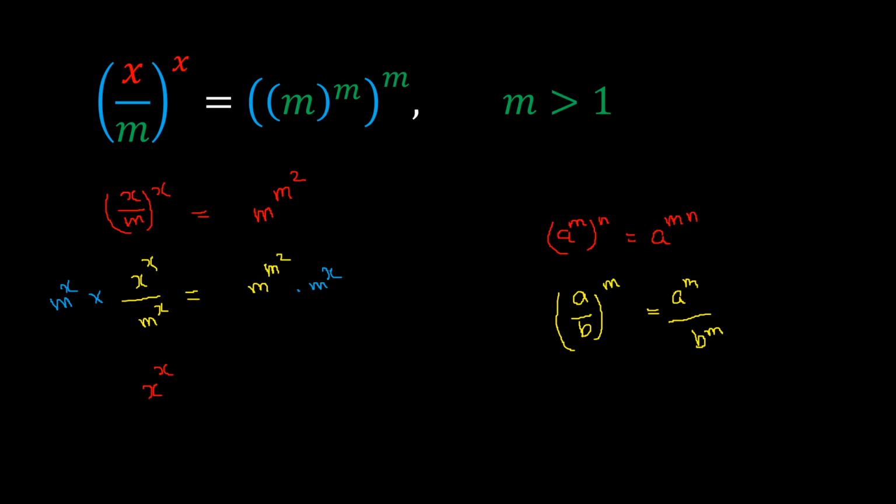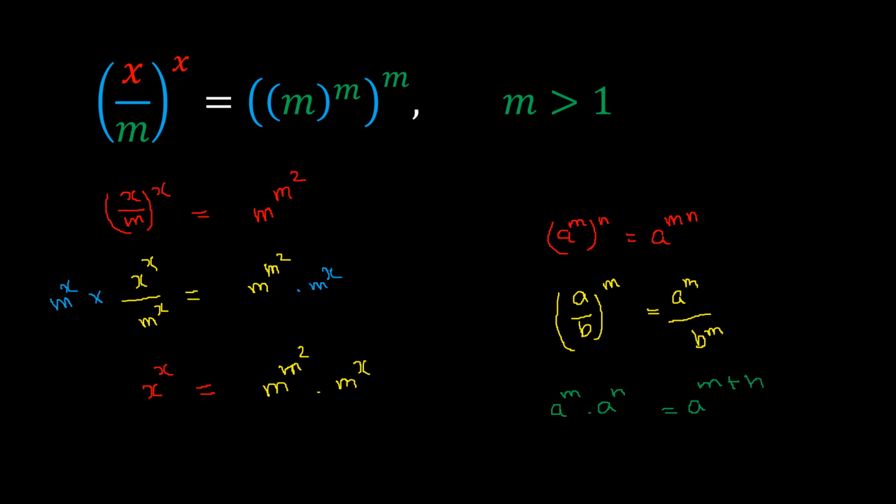equals m raised to power m squared times m raised to power x. And we know this is the rule, that if we have a raised to power m times a raised to power n, then this makes it a raised to power m plus n.